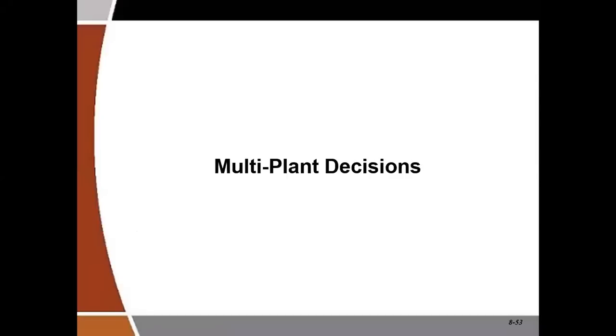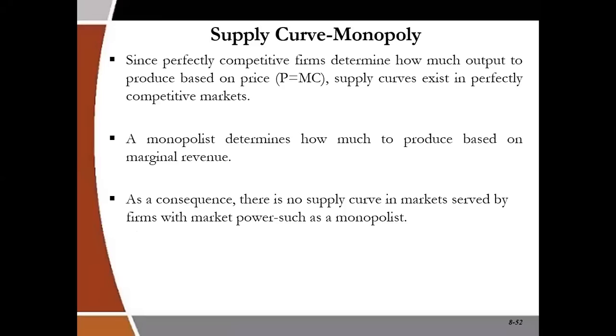Now, the next question we should ask ourselves is, does a monopoly have a supply curve? The simple answer is that there is no supply curve for a monopoly, because since the firm has market power, the firm is the only producer in the market.